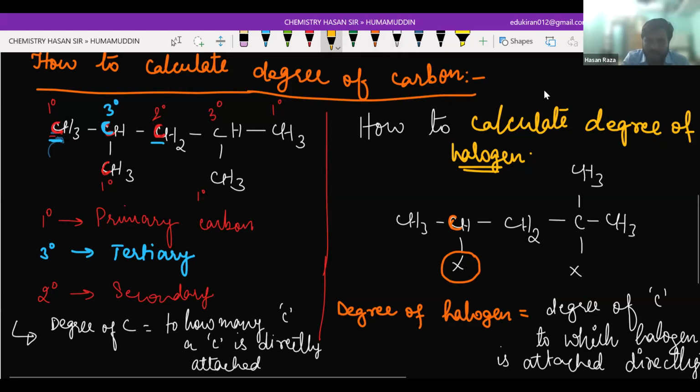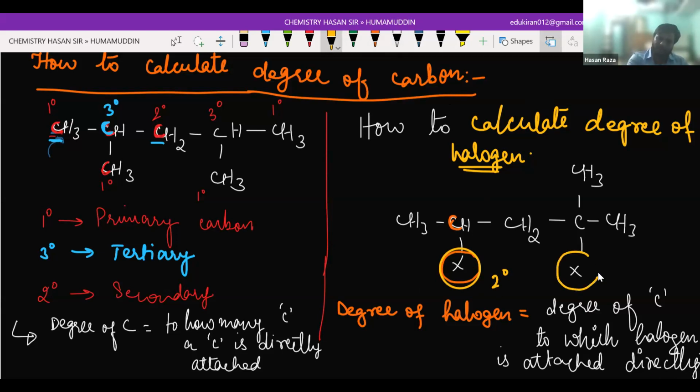So can you tell me the degree of this halogen will be? Secondary. It is secondary. Can anyone tell me the degree of this halogen? Tertiary. Tertiary it is.